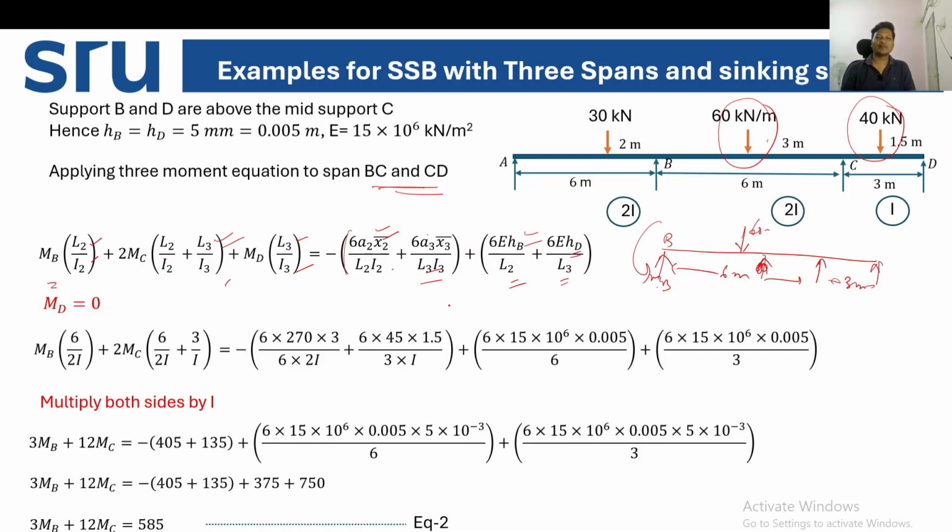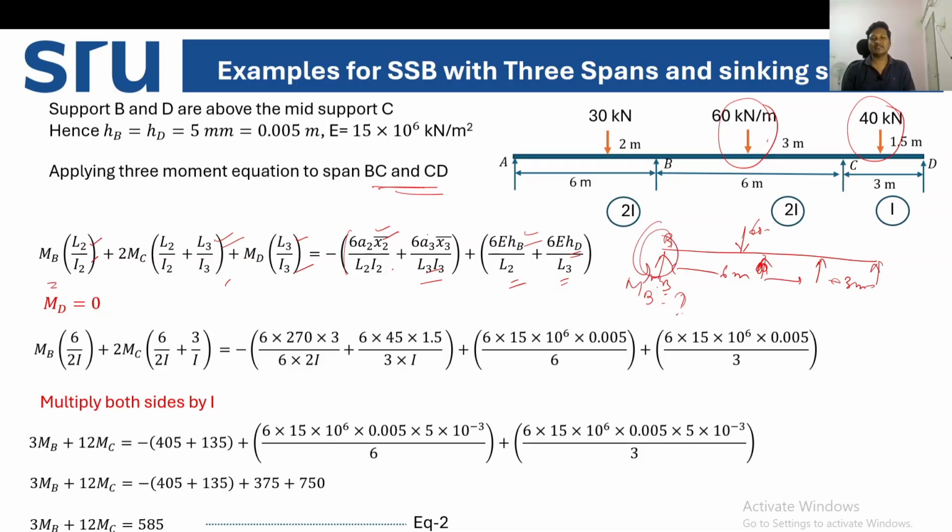So which moments will be 0 here? Which moments will be 0? We are considering the second part of the continuous beam. So this MB has some value, definitely. There is some value at MB because it is an intermediate support.